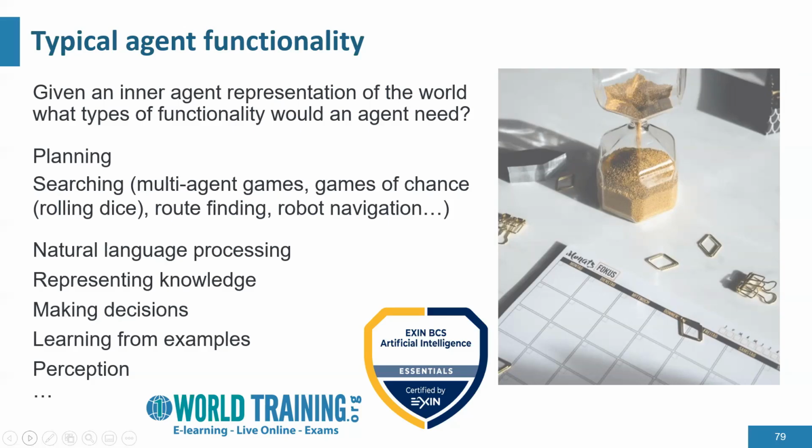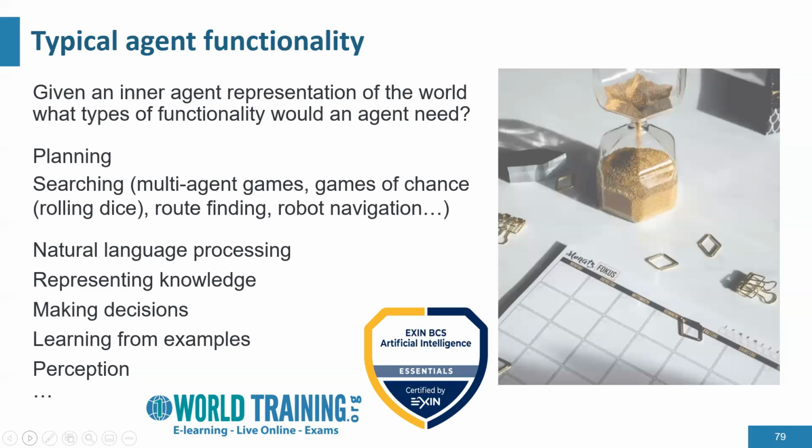The next important functionality agents perform is natural language processing. So how they process the natural language inputs received by the agents from the external world. And then the next important functionality is representing the knowledge, managing and handling the knowledge, making decisions based on that, and then overall learning from the examples.